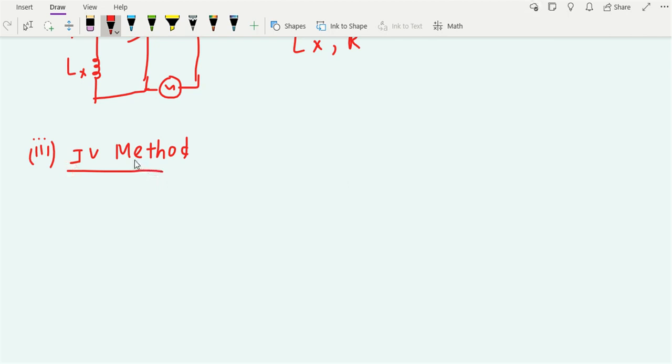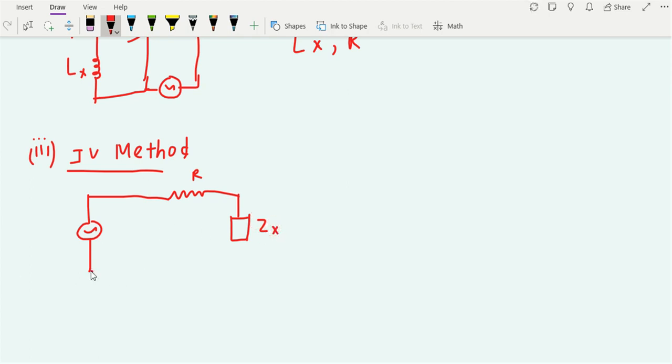In this method, there will be a source, a known resistance R, and here the impedance, which you can name ZX.